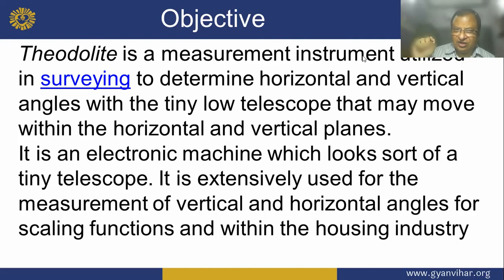It is an electronic machine which looks like a tiny telescope, and it is extensively used for the measurement of vertical and horizontal angles for scaling function and within the housing industry. Correct?